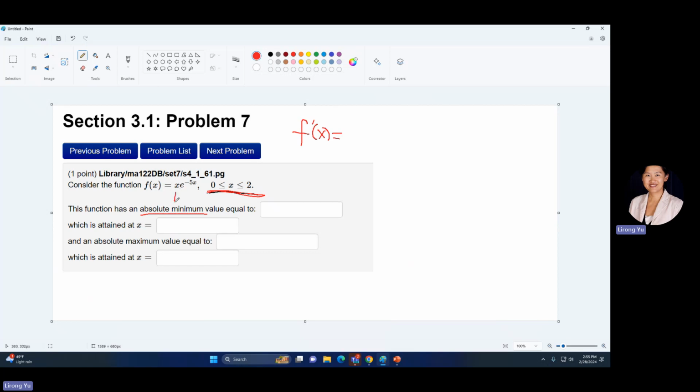We have x, whose derivative is 1, so 1 times e to the negative 5x, plus we keep the x and find the derivative of e to the negative 5x, which is e to the negative 5x. We also have to multiply by the negative 5, the derivative of the inside function. That's according to the product rule.